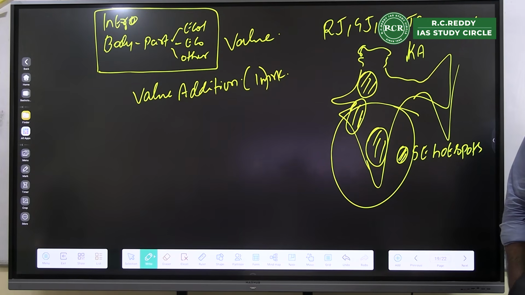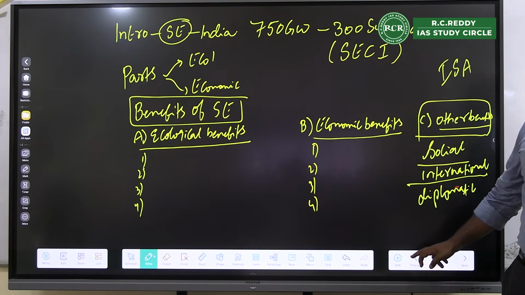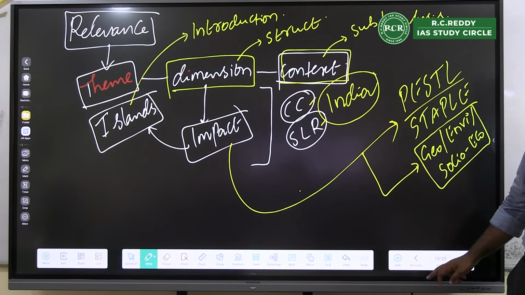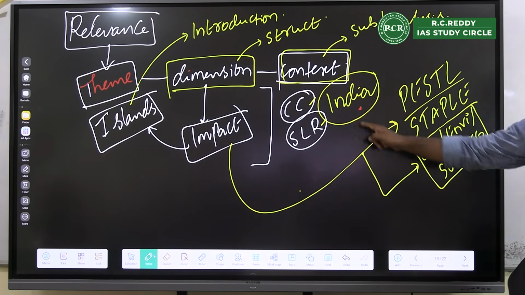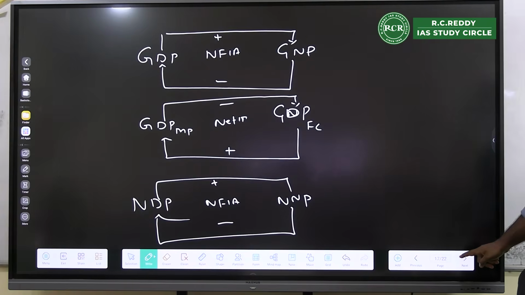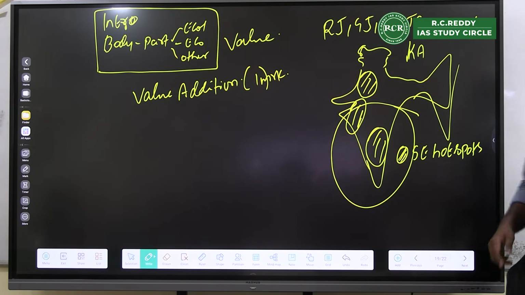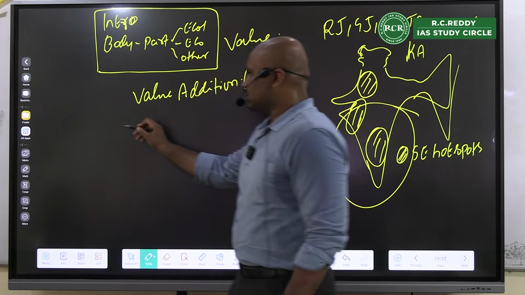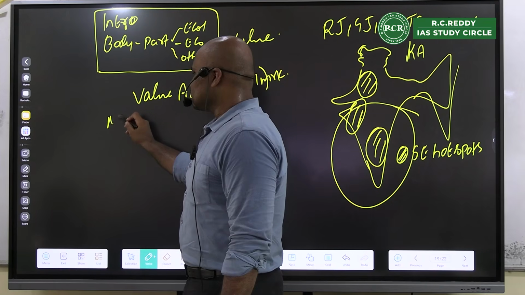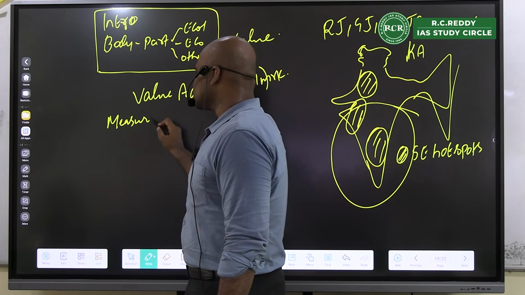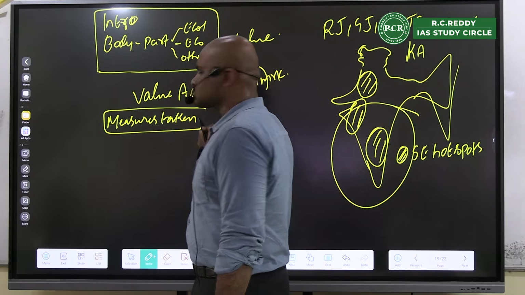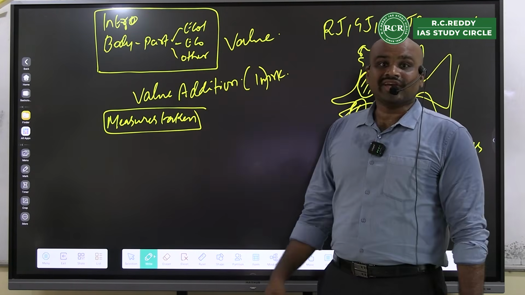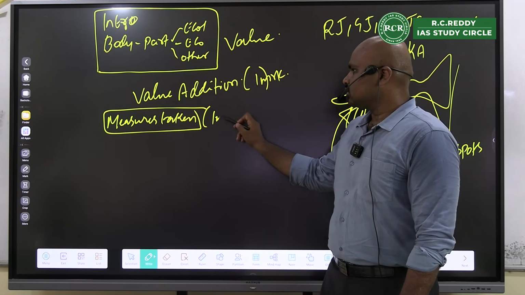Now, will I leave this answer here? No. Why? The context here is with respect to India, and my understanding is very clear. I will just add measures taken. Why? Where are the measures taken? India.